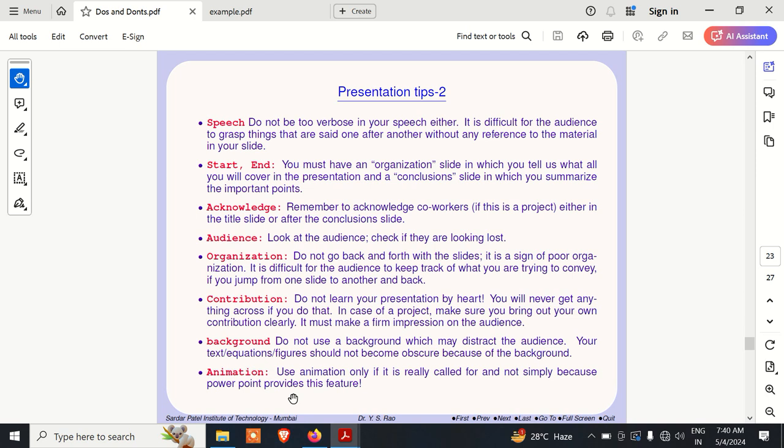When we prepare our slides, make sure the background does not distract the audience. Your slide may consist of equations, figures, so make sure the background is generally white. And animations. In LaTeX, animations are by default not there.